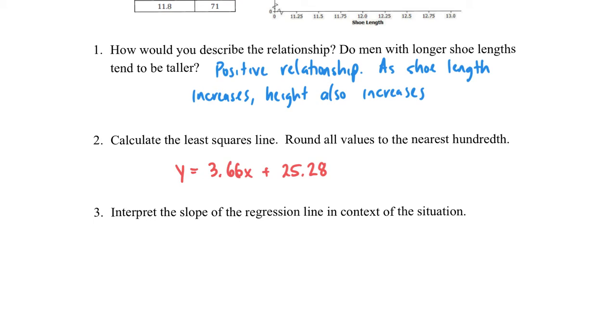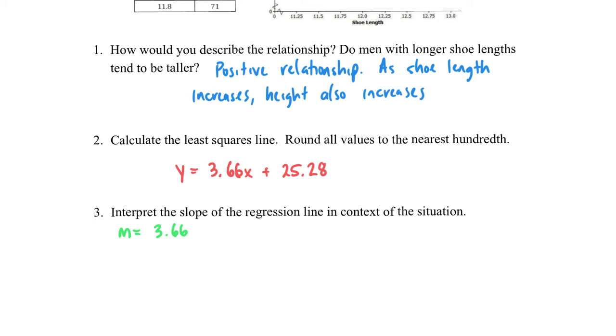First of all, it says interpret the slope of the regression line in context of this situation. There's that other name, regression line. What is the slope here? This is y equals mx plus b. Don't be thrown off by the fact that we have decimals. Y equals mx plus b, and we know that the slope is the thing in front of x. So my slope here is 3.66.